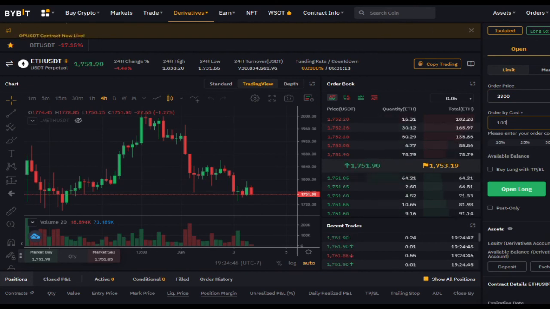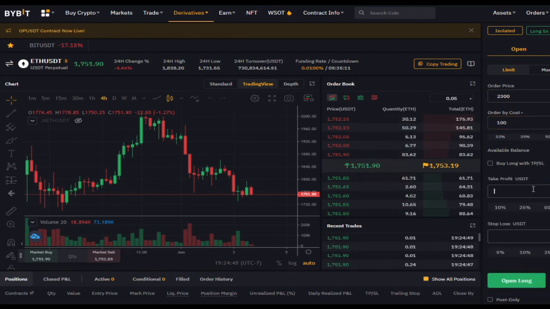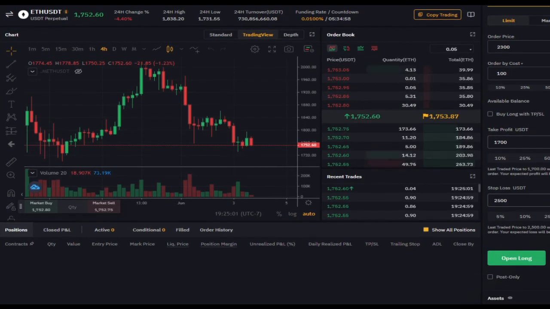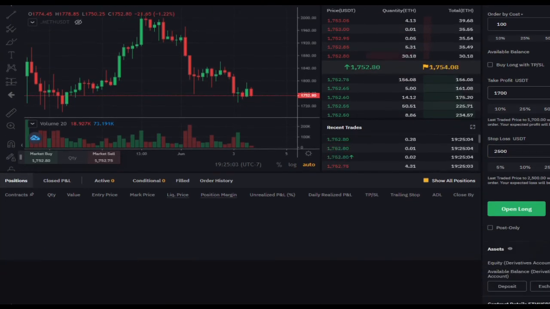Instead of buy long, we're selling short with take profit and stop loss. Our take profit was 1,700 for our first one, and our stop loss was 2,500, around there. Okay, and then we would just hit open short.